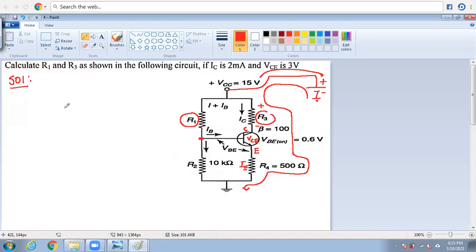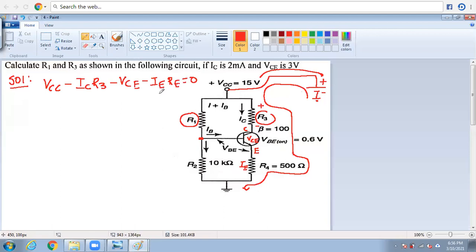Now if I start the loop equation: VCC minus IC into R3 minus VCE minus IE into RE equals 0.